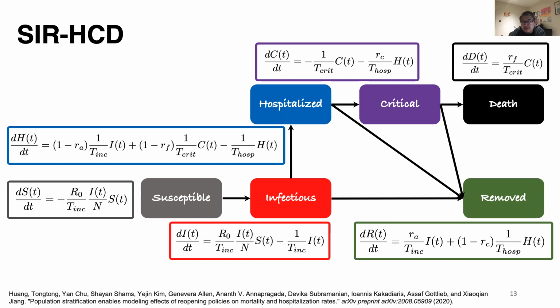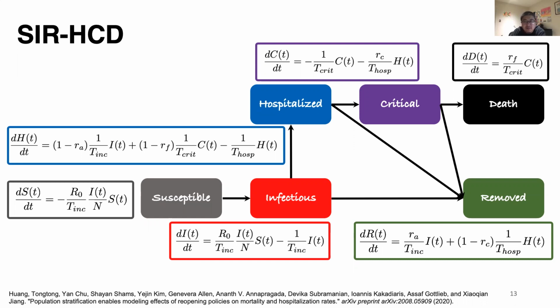T_crit denotes the average time that a patient is in a critical state before either recovering or dying. In addition, RA refers to the asymptomatic rate in the infected population I, RC refers to the critical rate in the hospitalized population H, and RF refers to the deceased rate in the critical population C.